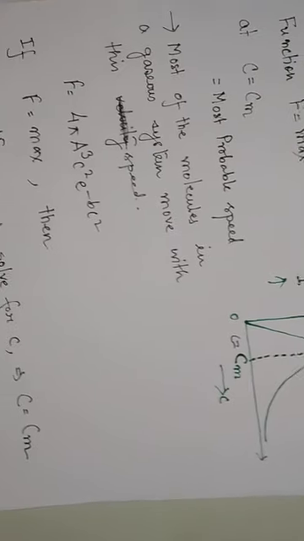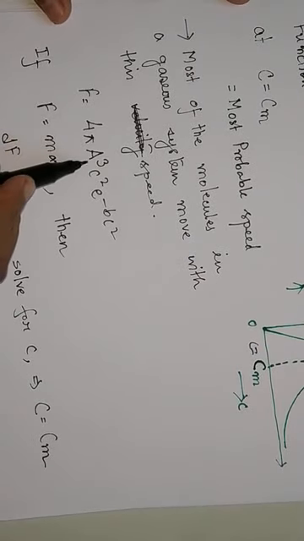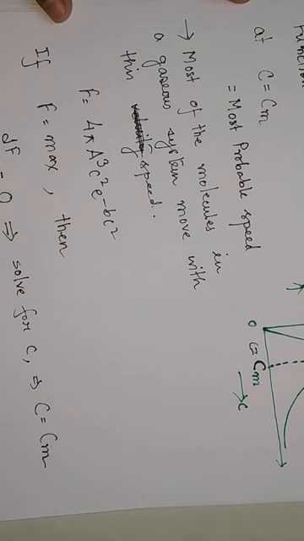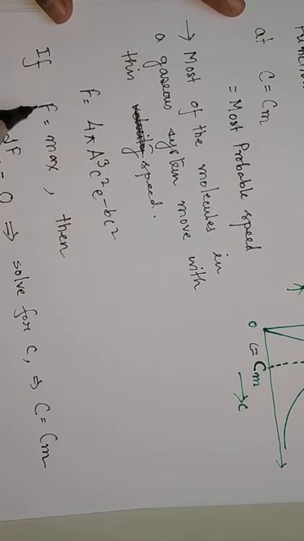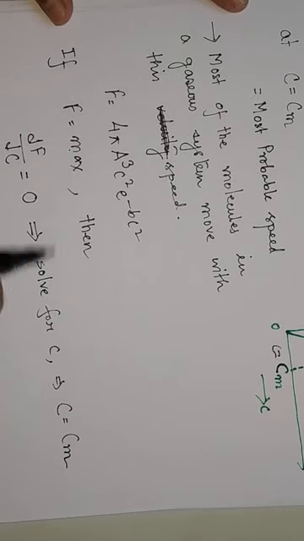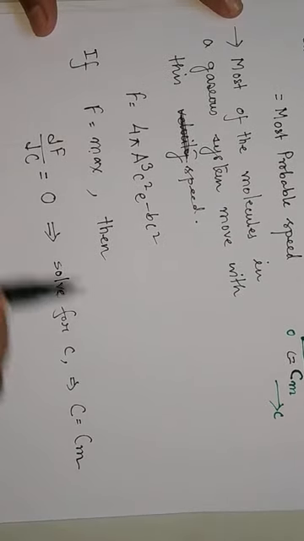Okay, and we know f is given by 4 pi a cube c square e to the power minus b c square. Then when f is maximum, df dc is equal to 0. We know that if a function is maximum, then its first derivative with respect to the variable is 0.